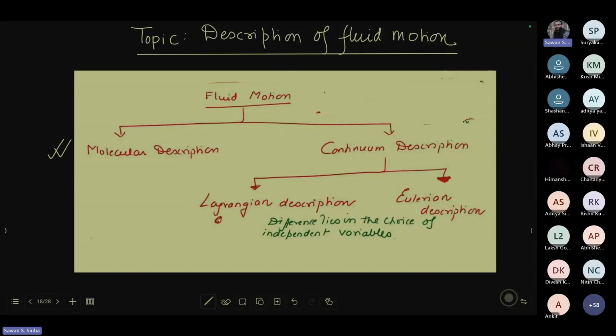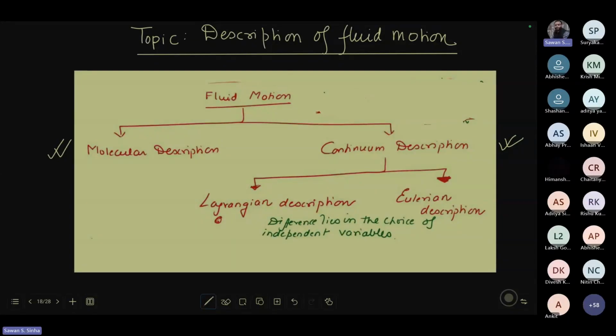I will explain in a little while what it means. Or you can have what is called the continuum description. I'm trying to give you the big picture before I start getting into details again. So two options to begin with, either you use molecular description or you use continuum description.